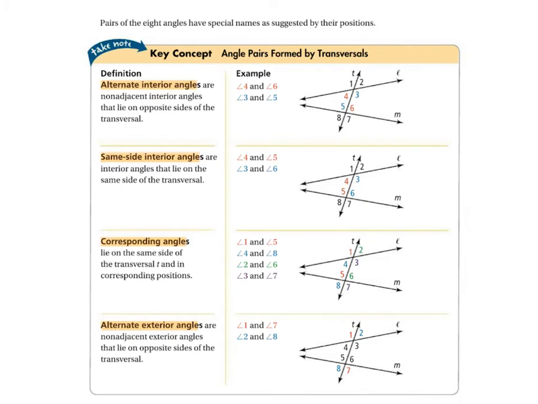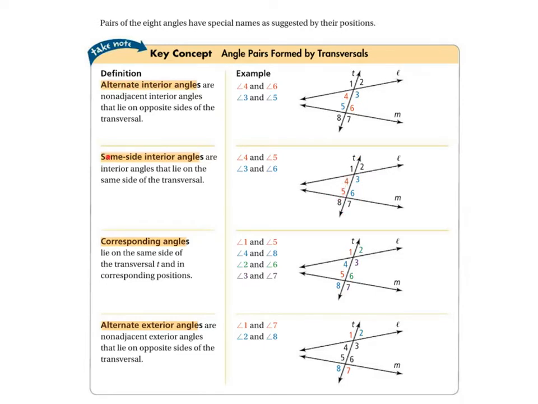So, first of all, there's 2 words here that we're talking about for these angles. Interior, remember that's in between the lines, and for here, it says alternate, and here it says same side. So let's start with same side. If we're talking about the 4 interior angles, which ones are on the same side of that transversal line cutting through them? Well, 4 and 5 are on the same side, right?